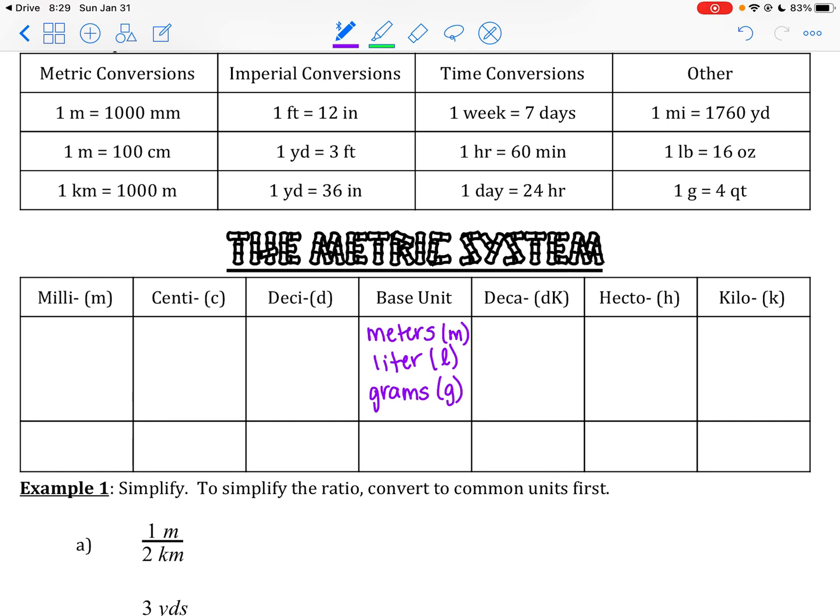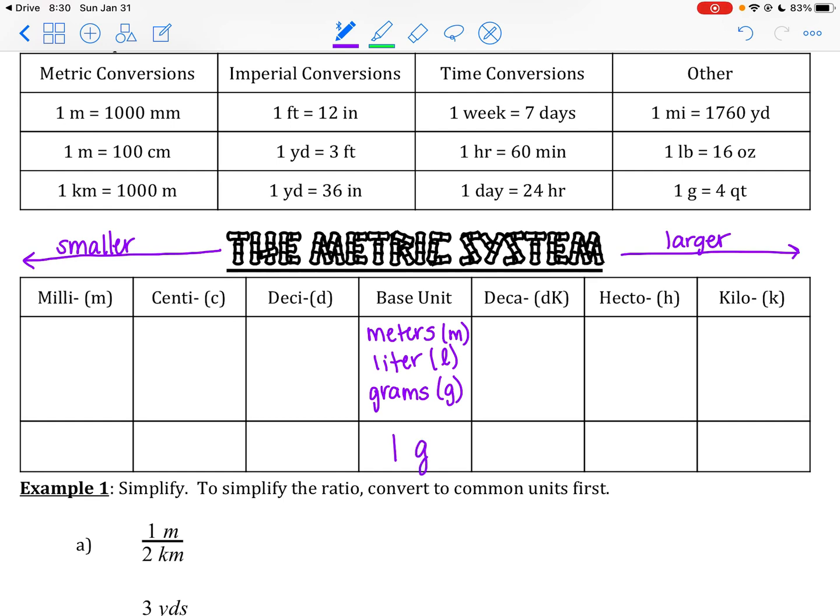So if we use that as a base unit in the metric system, on this chart, the ones to the left are smaller, and the ones to the right are larger. This is based on a base of 10. Let's choose one as an example. If we choose a gram as our base unit, then we would be talking about 1 gram.